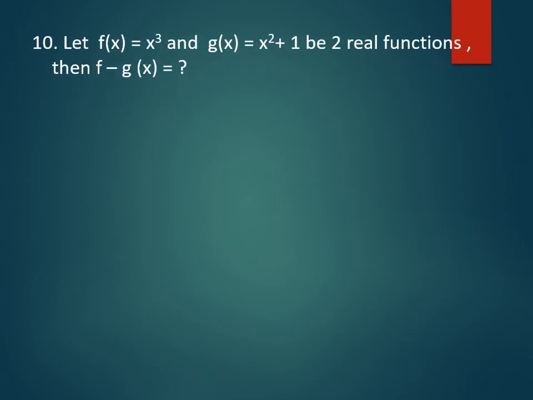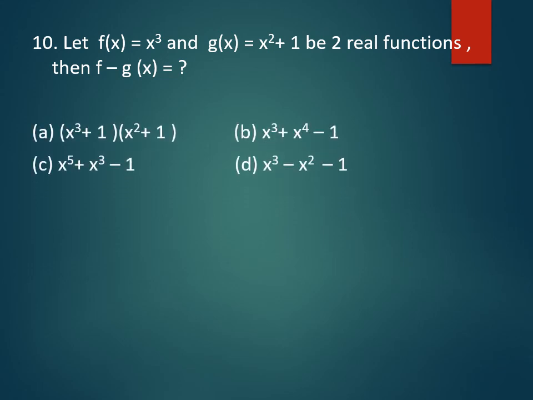And the last question of this section is: f of x is equal to x cube and g of x is equal to x square plus 1 be two real functions. Then what is f minus g of x? These are the four options. You know by the definition of algebra of functions, f minus g of x is nothing but f of x minus g of x.